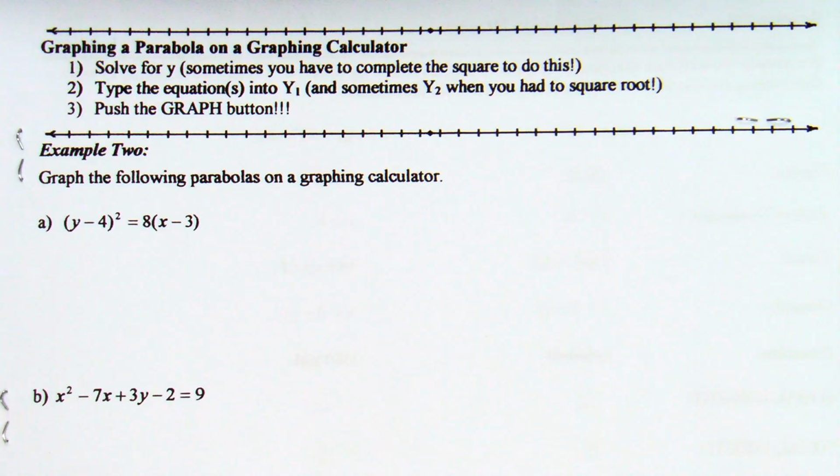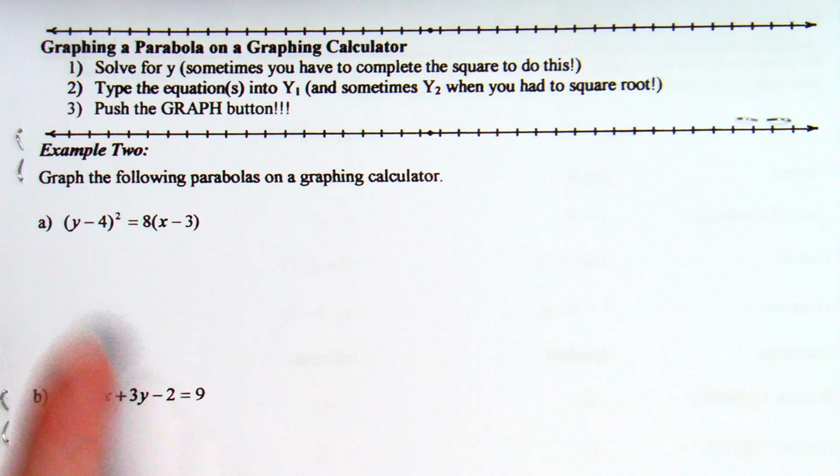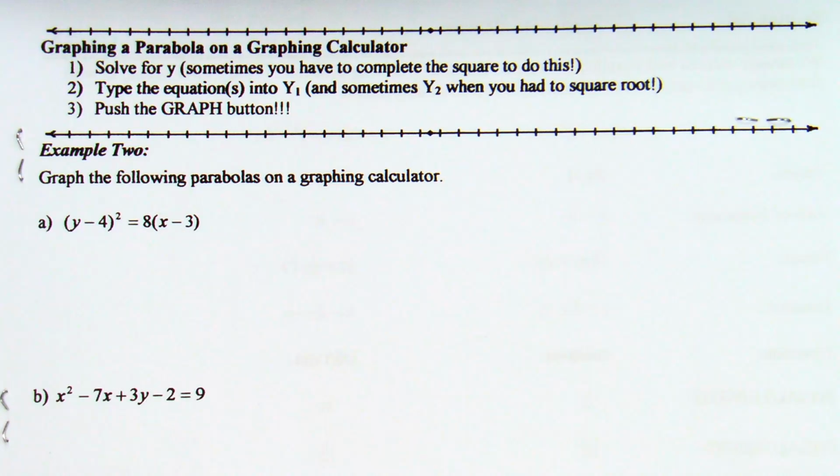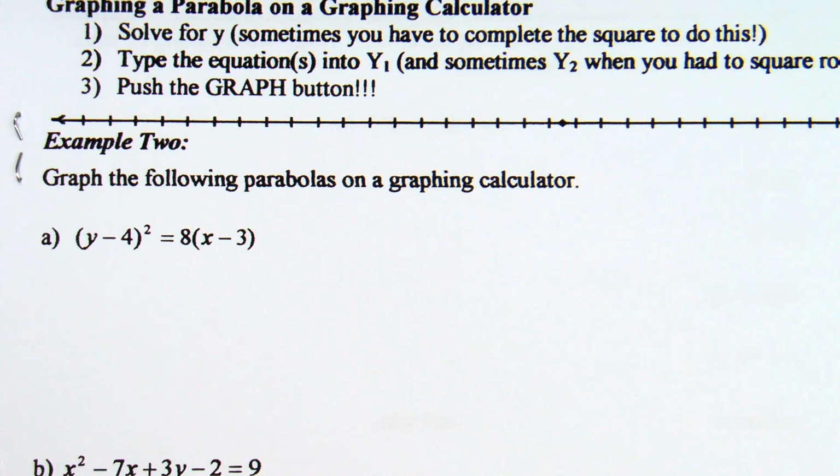So, let's talk about as much of this as we can before we run out of time. A, y minus 4 squared equals 8 times x minus 3. My goal is to get y by itself. First step to get y by itself: square root.